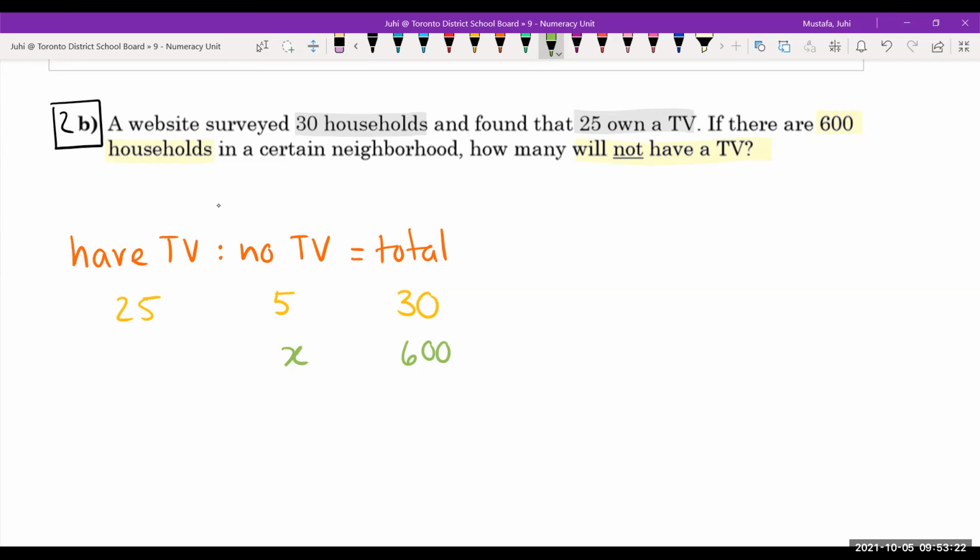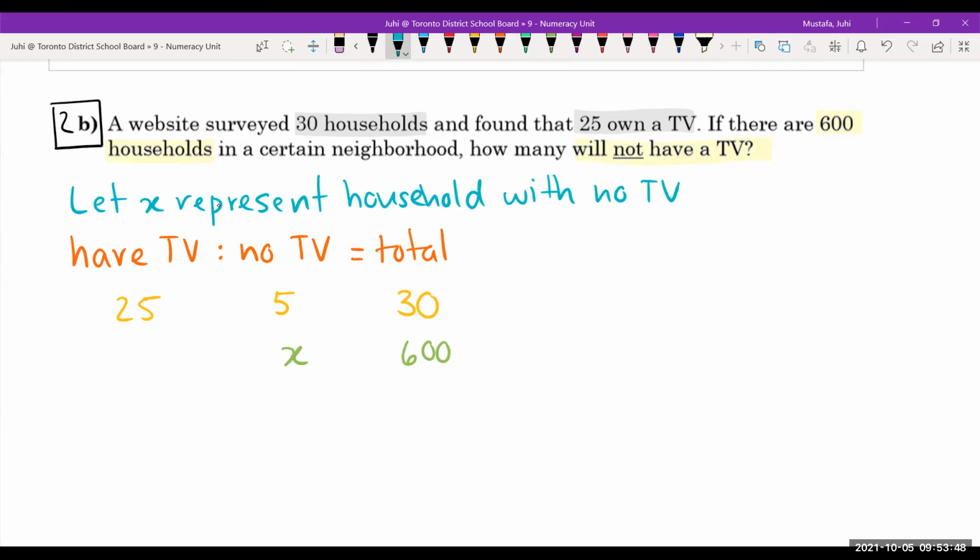But before we can do that, what do we have to write at the top once we've introduced a variable? Good. So what do you guys think is an appropriate let statement for this? Shams? Yep, let X represent households with no TV.